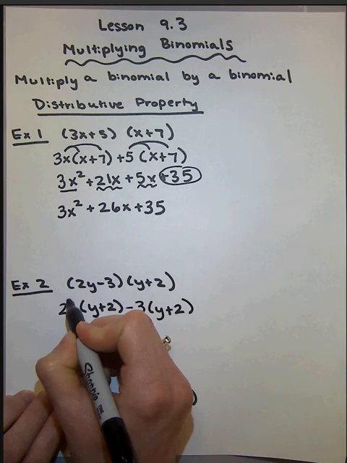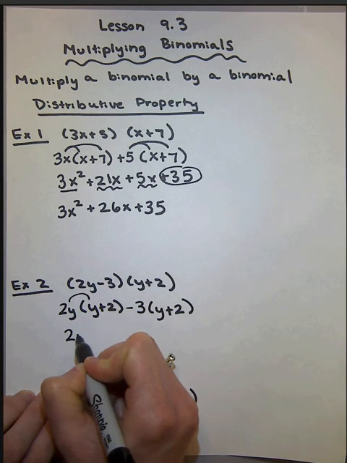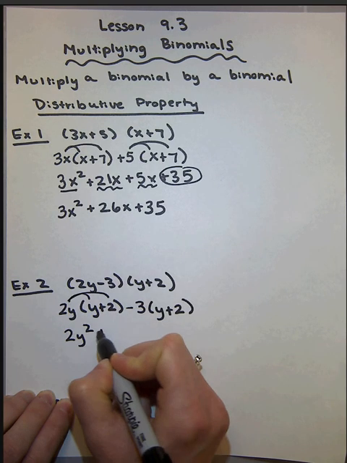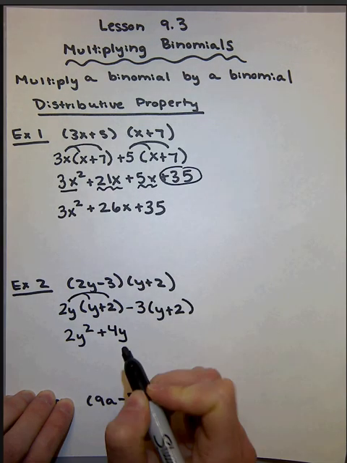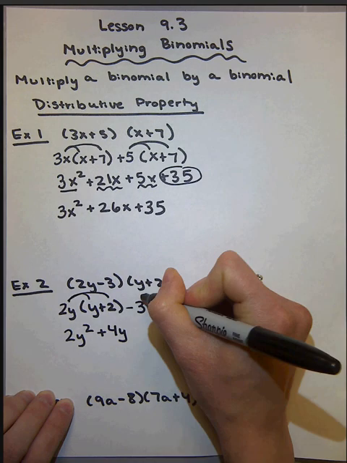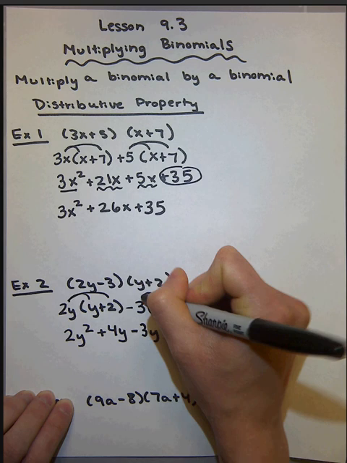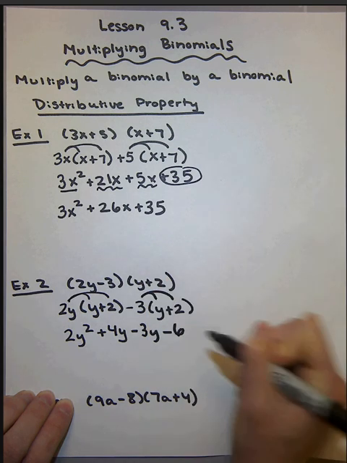So then I'm going to distribute: 2y times y is 2y squared. 2y times 2 is positive 4y. Now be careful with this negative. Negative 3 times y is negative 3y. Negative 3 times 2 is negative 6.